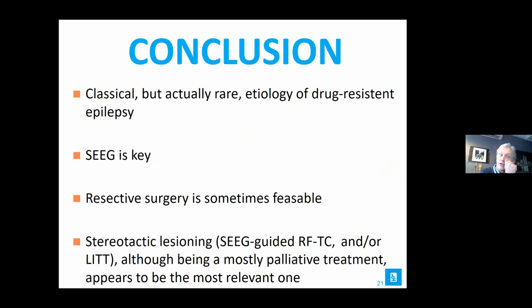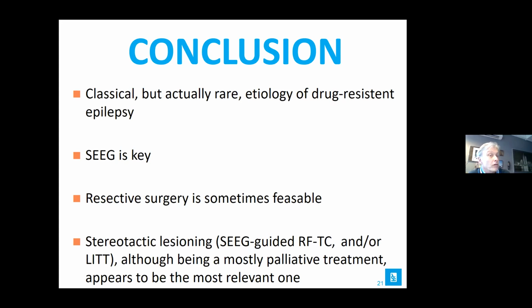So in conclusion of all that, I would say that heterotopia are a classical but actually rare etiology of drug-resistant epilepsy. SEEG is for sure key for investigation, key for treatment.